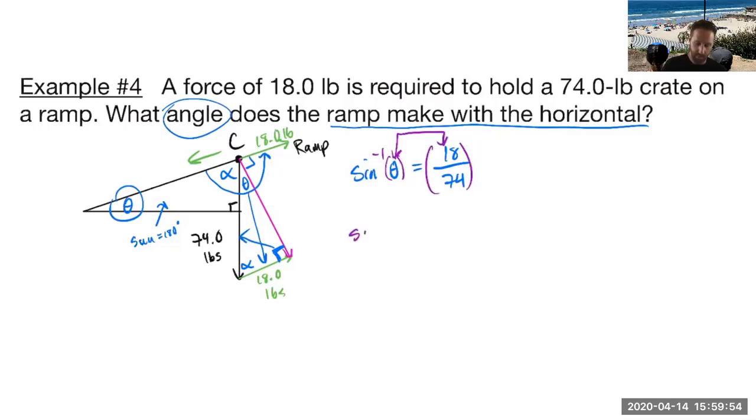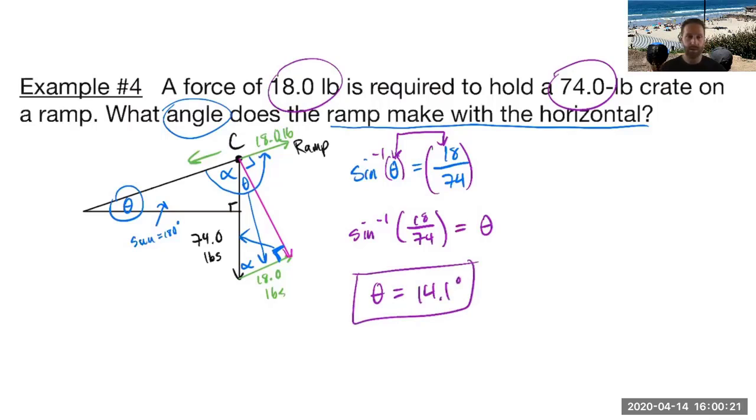So we will do inverse or arc sine of 18 over 74, and that will equal our angle theta. And once you plug that into your calculator, hopefully you found it. They wanted 3 sig figs because they gave us 3 in each. So you should have got an answer of 14.1 degrees.